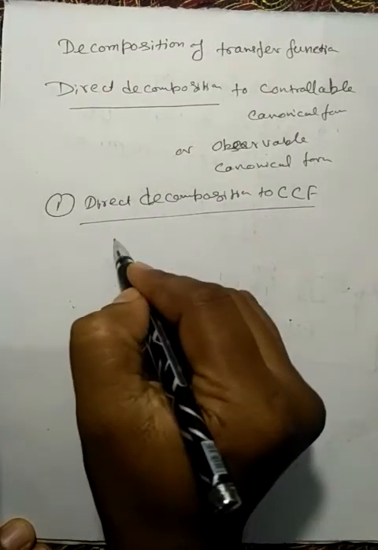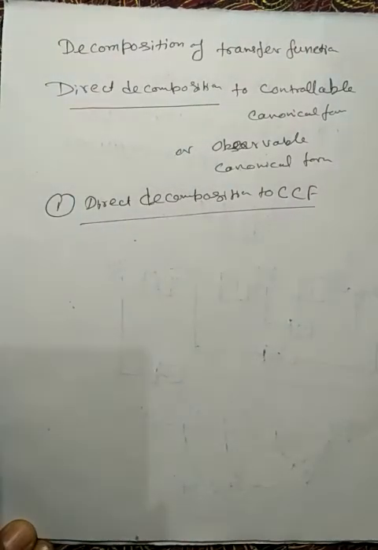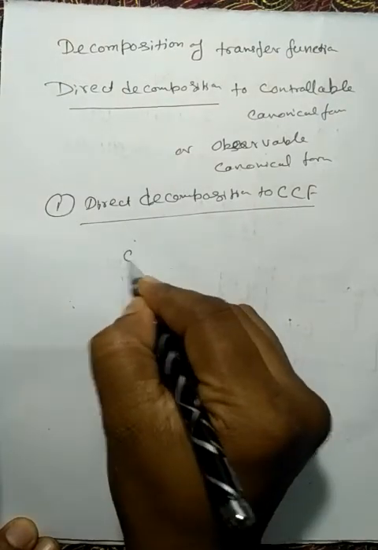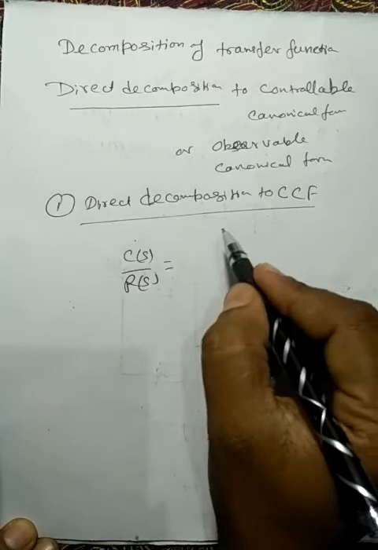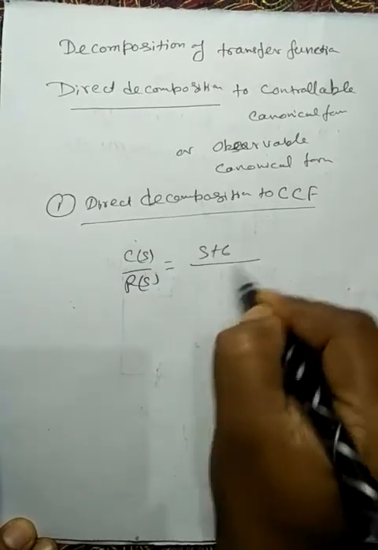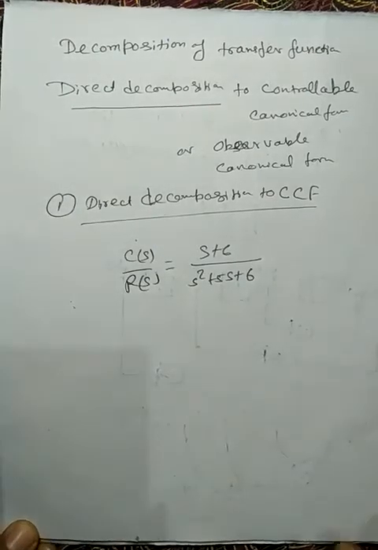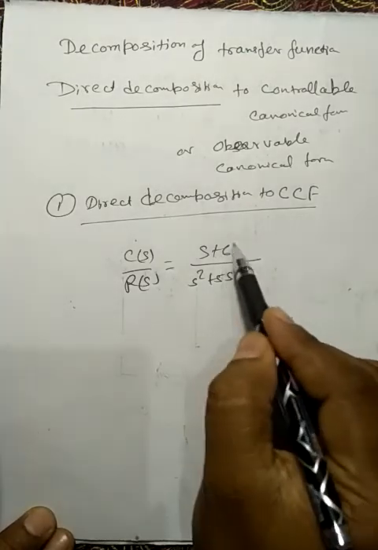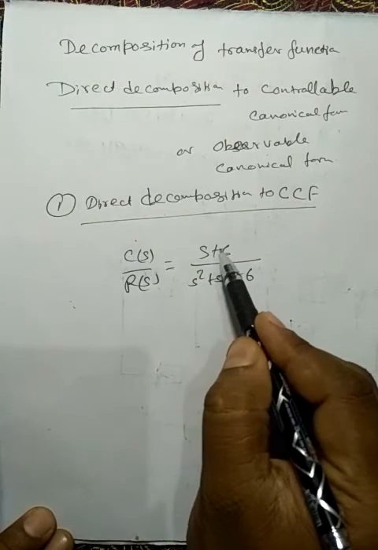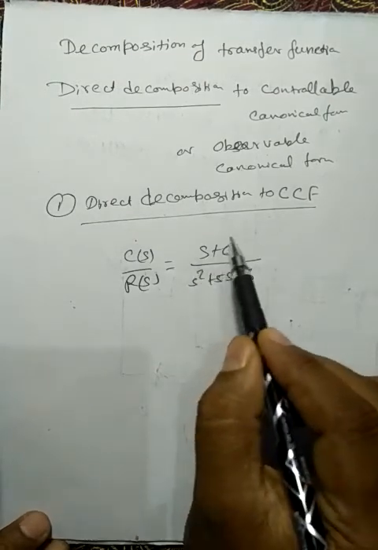So let's take an example, and an example is C(s) over R(s) is equal to S plus 6 divided by S square plus 5S plus 6. For direct decomposition to controllable canonical form or any form, I'll divide this equation by S power 2, means I will first convert it into S inverse.